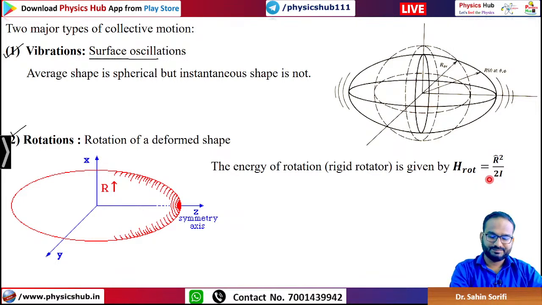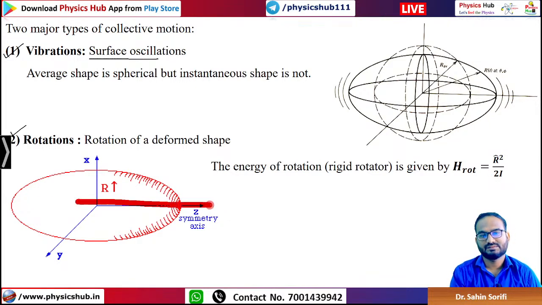It is oblate, but the symmetry axis is this. This is your z axis. So how did you consider?